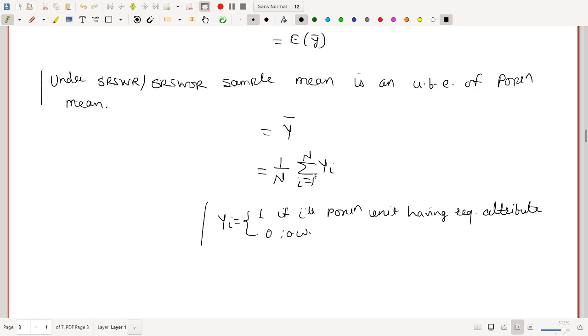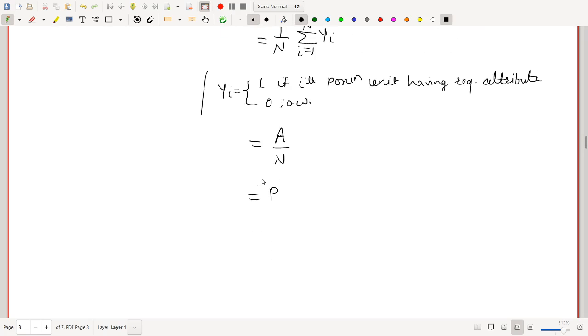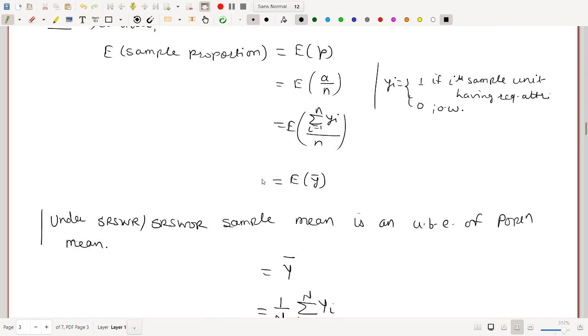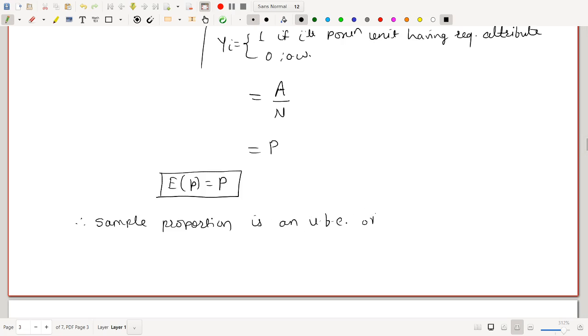So if Yi is like this, then summation Yi is actually your capital A. So this is capital A by capital N, and capital A by capital N is actually capital P. So we started from expected value of small p, or expected value of sample proportion, and this is capital P. Therefore, expected value of small p is capital P. This means sample proportion is an unbiased estimator of population proportion in SRSWR and also in SRSWOR.